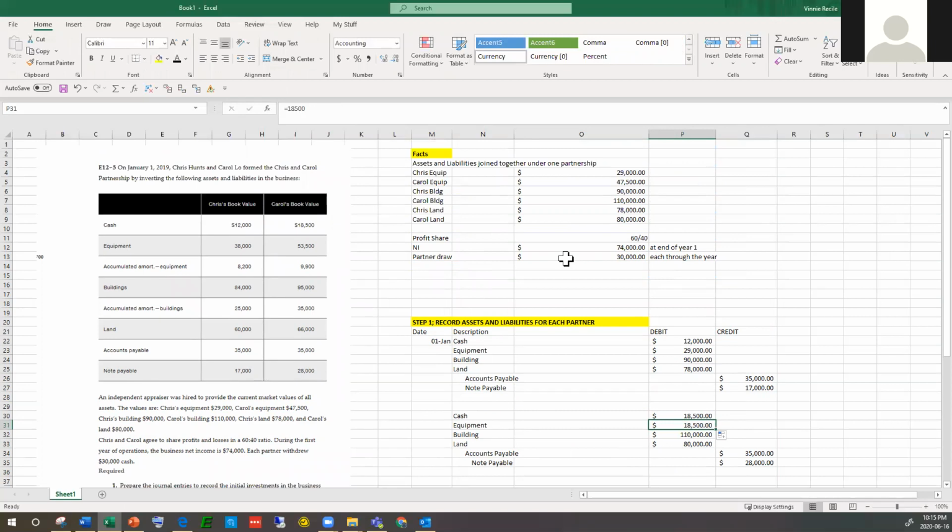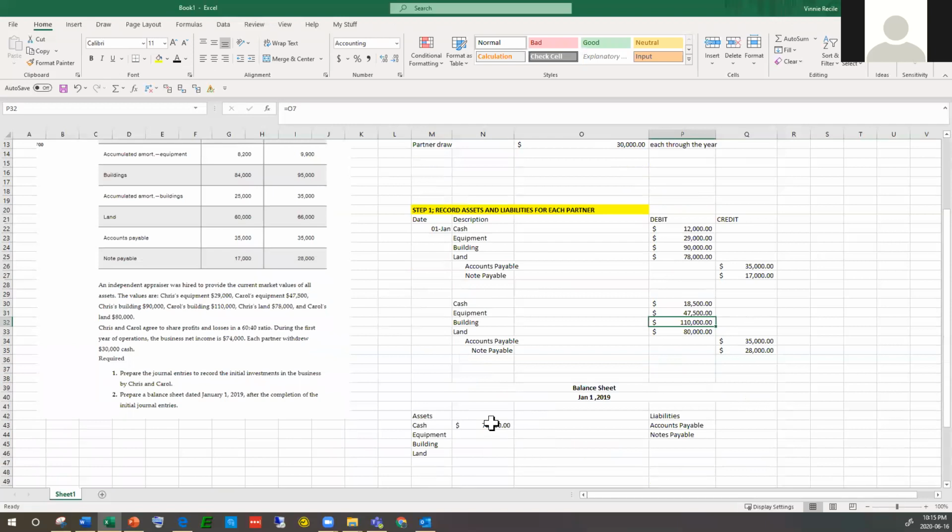Equipment is supposed to be under Carol, 47.5. Whoops. Let's make that correction there. So let's make sure we have the equipment corrected here, plus equipment here. And then we have building of 90 and 110. And then last but not least, we have the land that we are going to account for here.